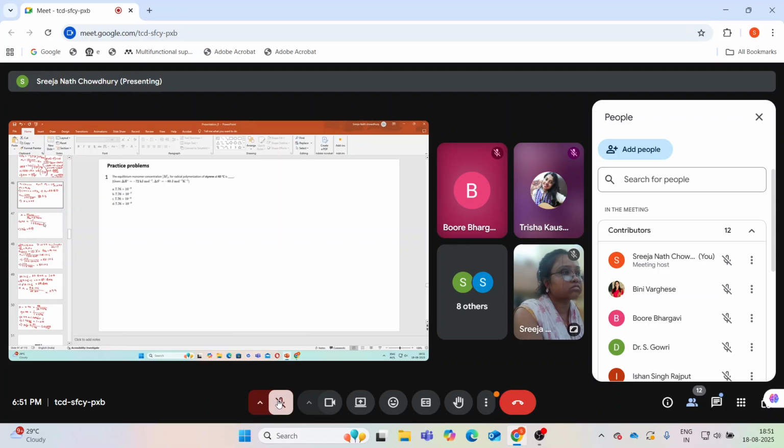So this will be 333. So here is 333 minus delta S is minus 80 divided by R is 8.314.